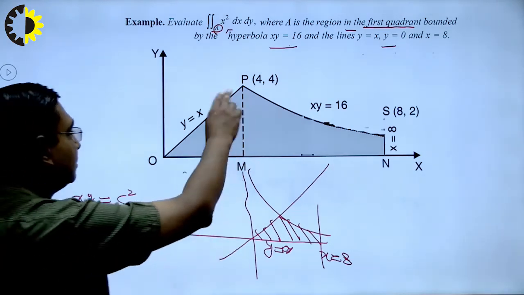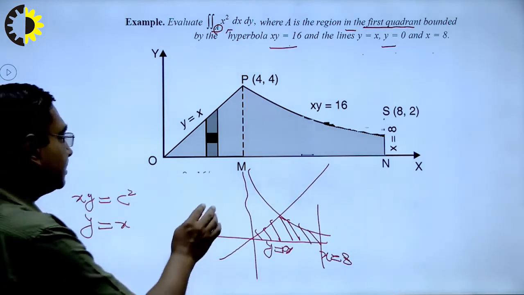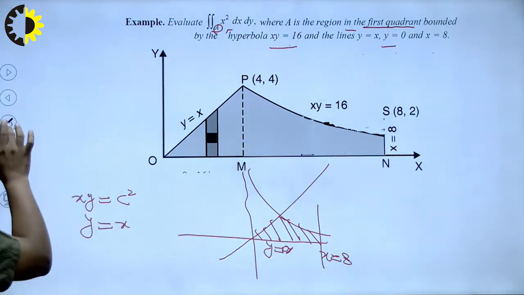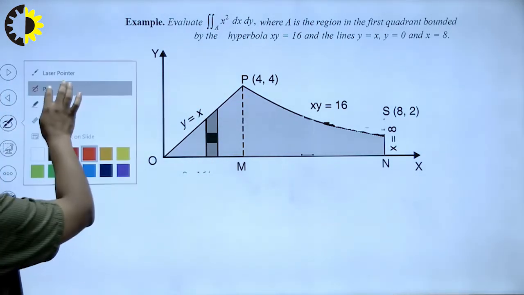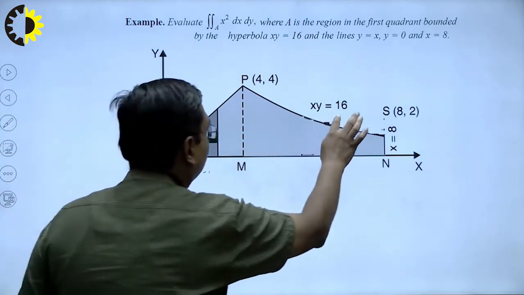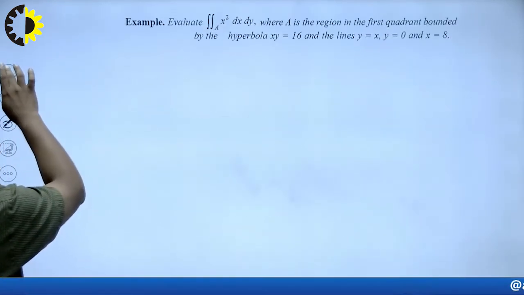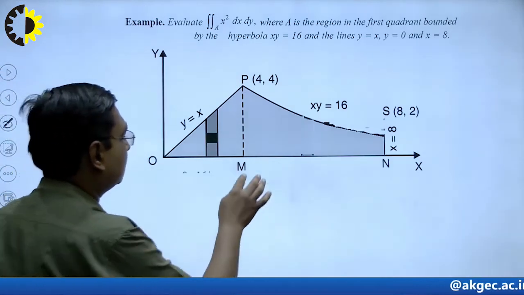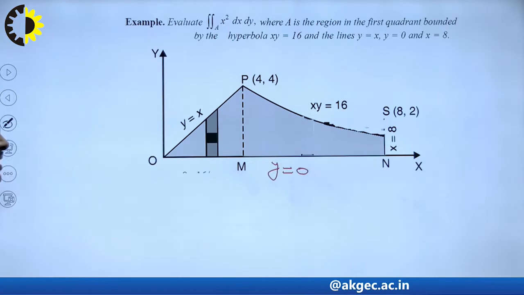This region is drawn here. This is the line y equal to x. This is xy equal to 16. This is y equal to 0, that is the x axis.